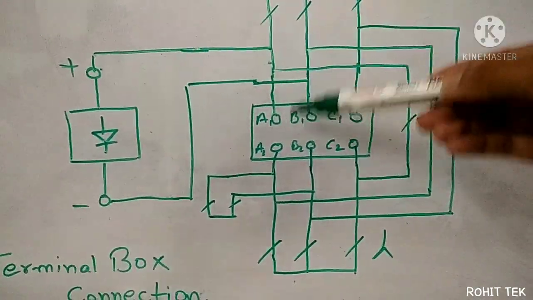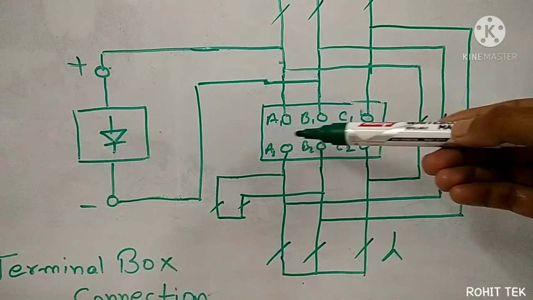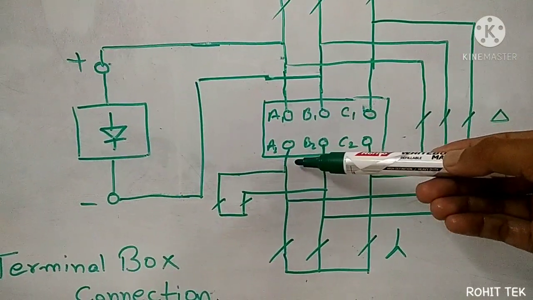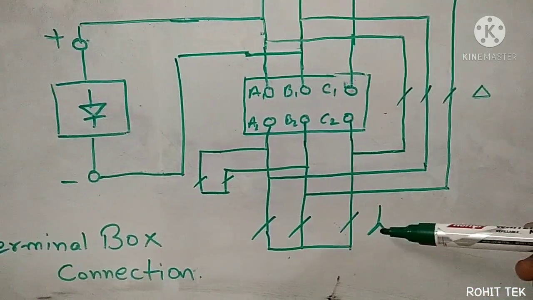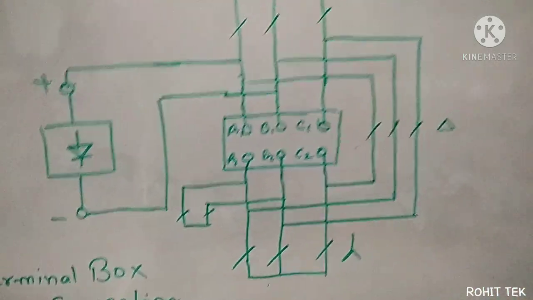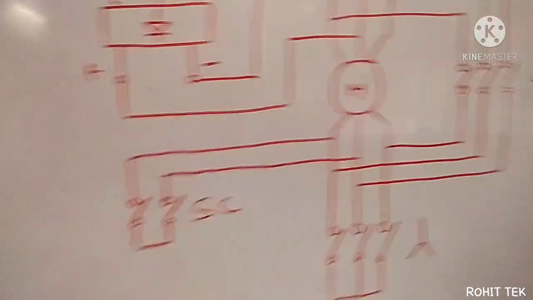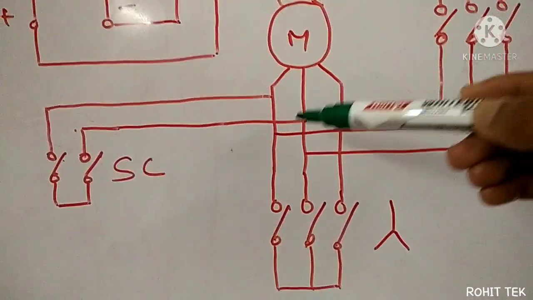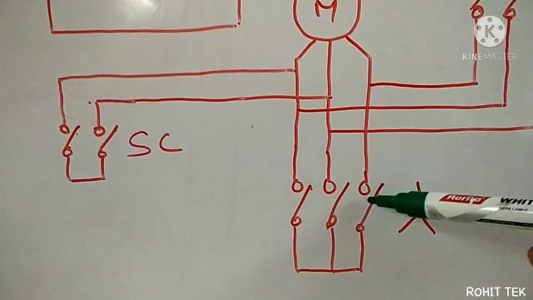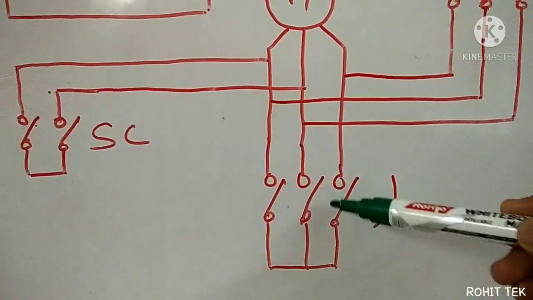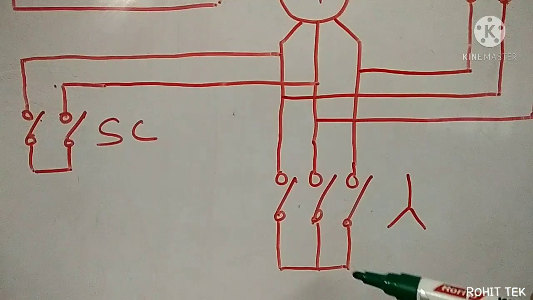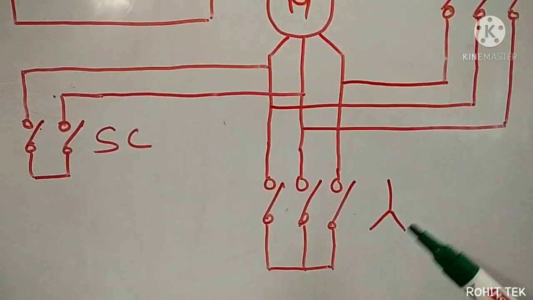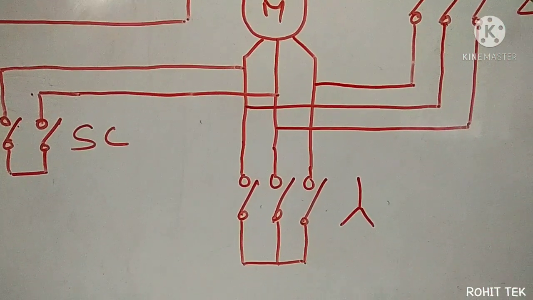All the phases have come here, A1, B1, C1, and from here A2, B2 and C2 have been taken out and shorted via the contactor. From here the wires have been taken out, and I've used a star contactor, and the other end of the contactor has been shorted to achieve Y configuration or the star configuration.